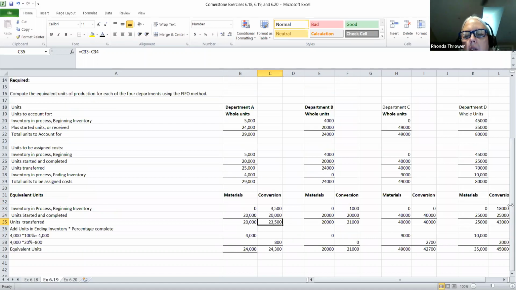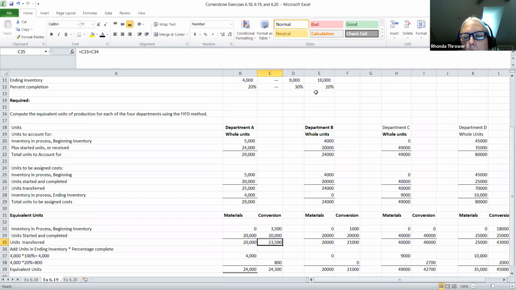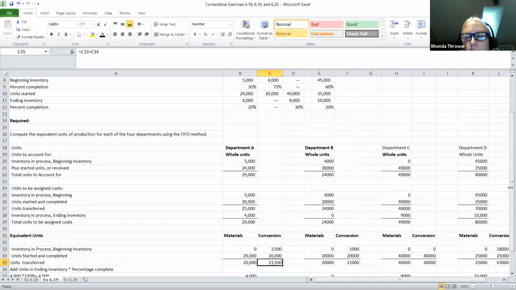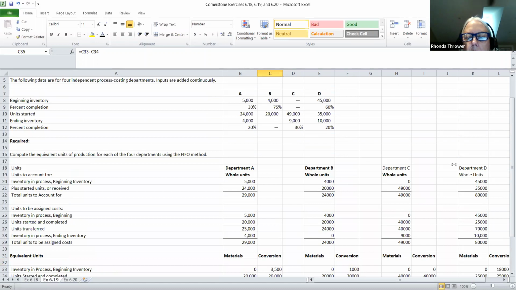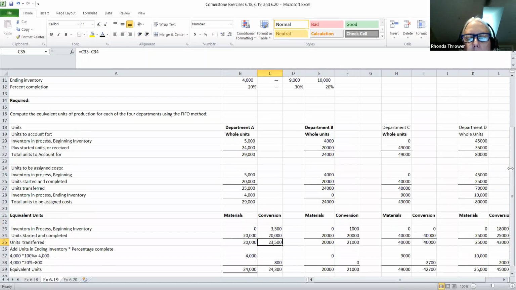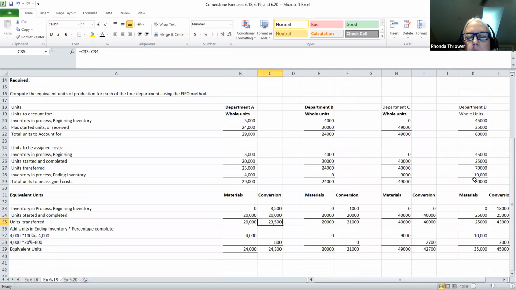And you're going to do basically the same thing through the rest of these. So it's kind of repetitive, and I really don't see any need to repeat anything at all. The only thing you really need to remember is that when you are working on your beginning inventory units for conversion, you have to take the complement of what was finished last period.